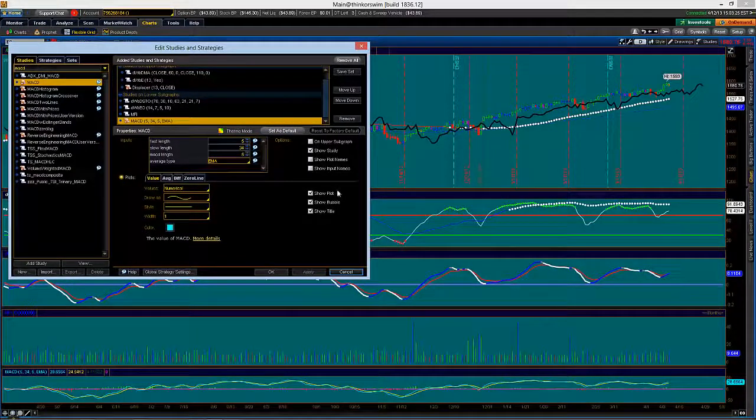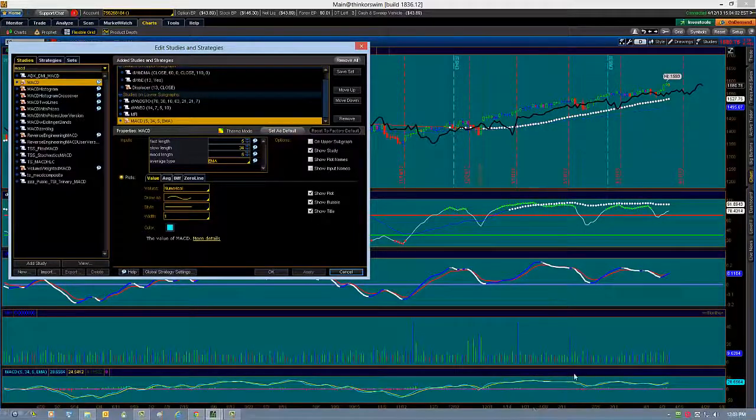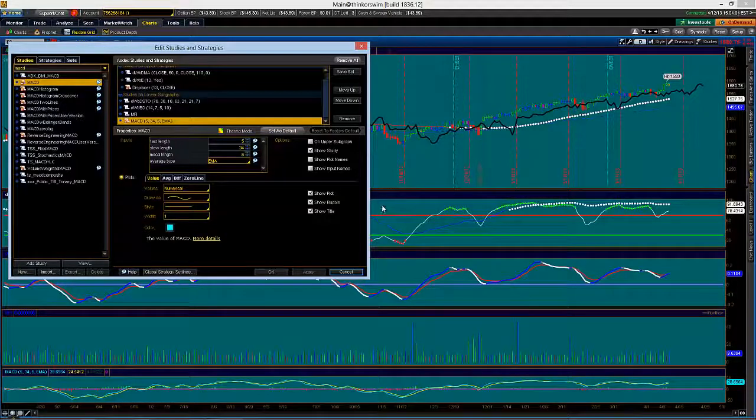He would say that you would know wave 4, and there are some intricacies you have to note about the number of bars on the screen in calculation of the MACD, around 80 to 200, somewhere in that range, but 140 being the ideal number. And then when you do have that, wave 4 will show you a zero line cross, and that's how you can denote a wave 4.